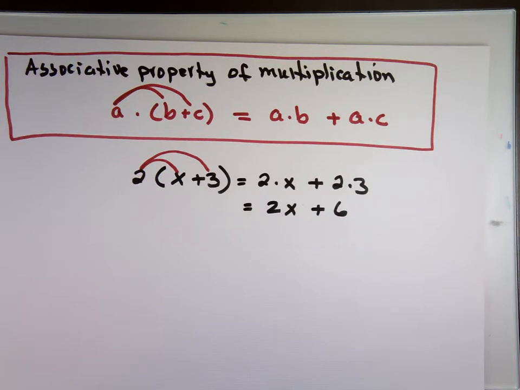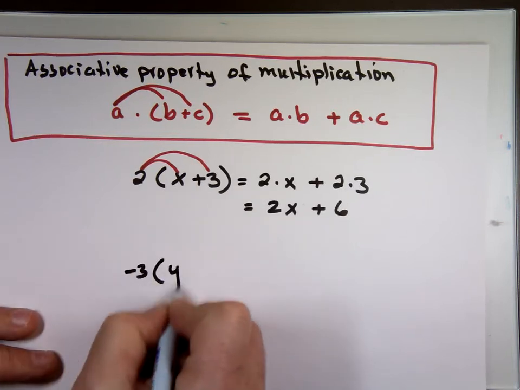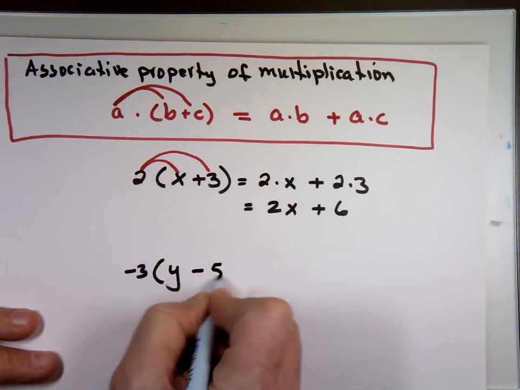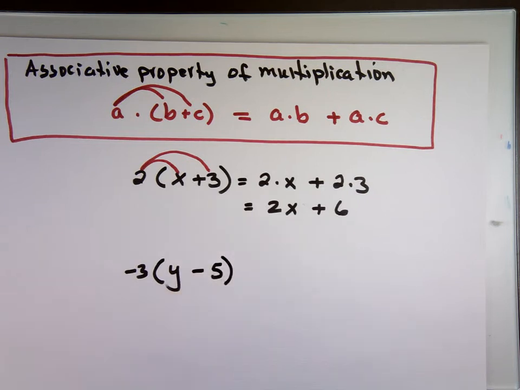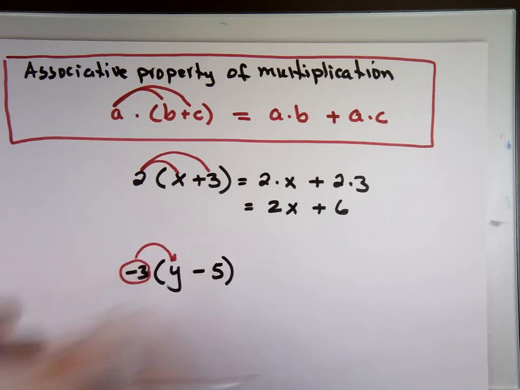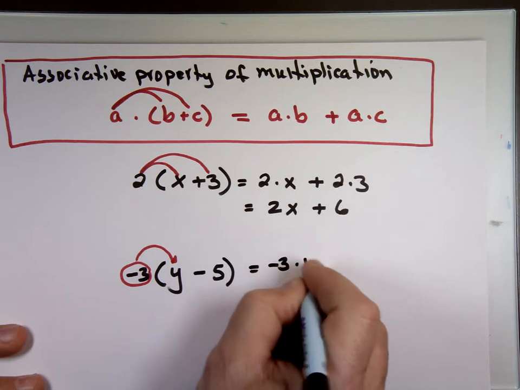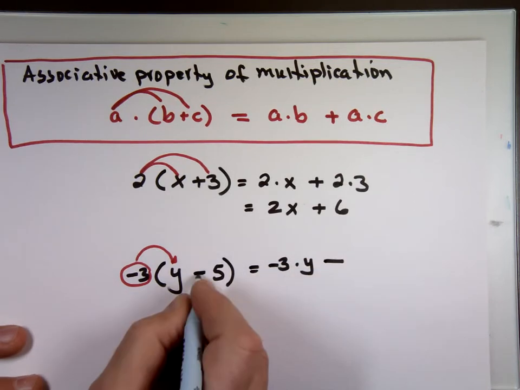If I have a negative 3 times y minus 5. Take the negative 3, multiply it by the y. That's negative 3 times y. Here's the minus sign because we have a minus.